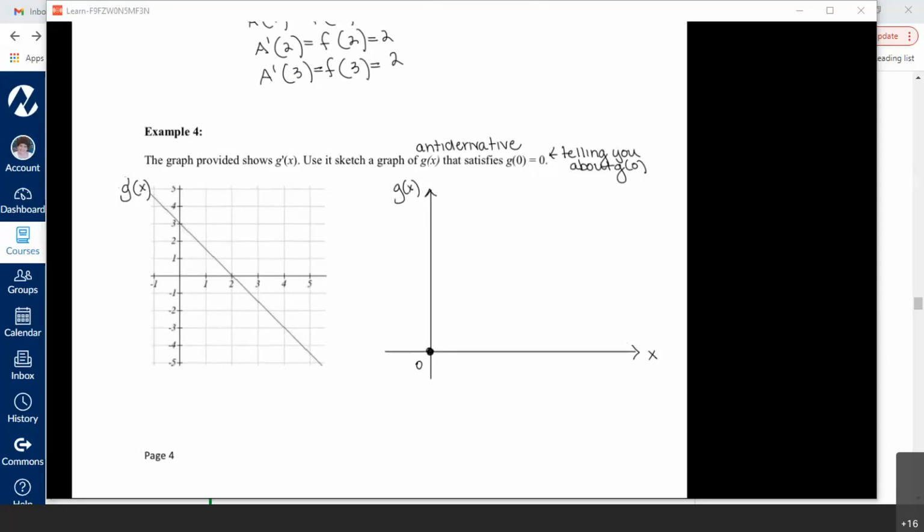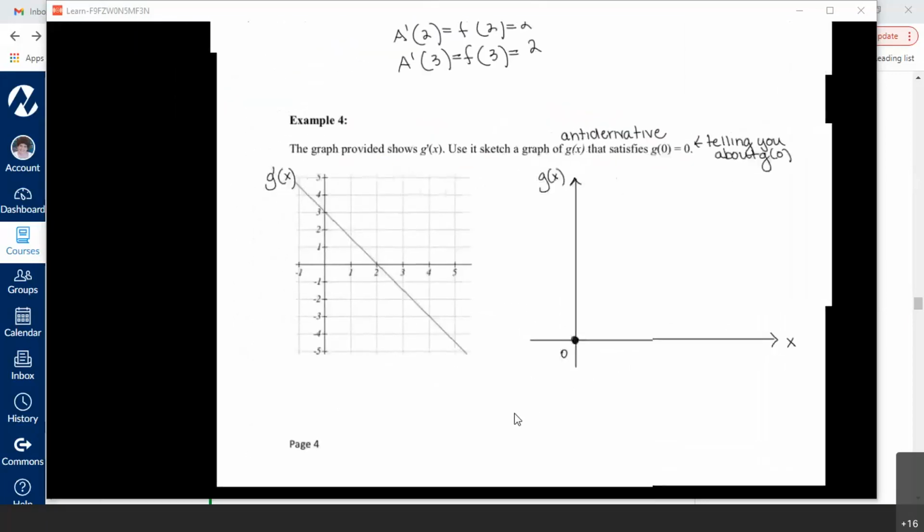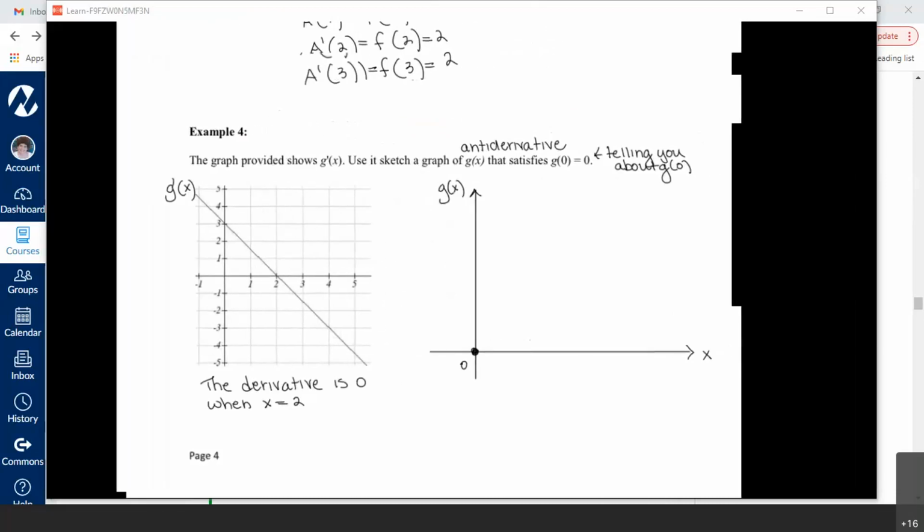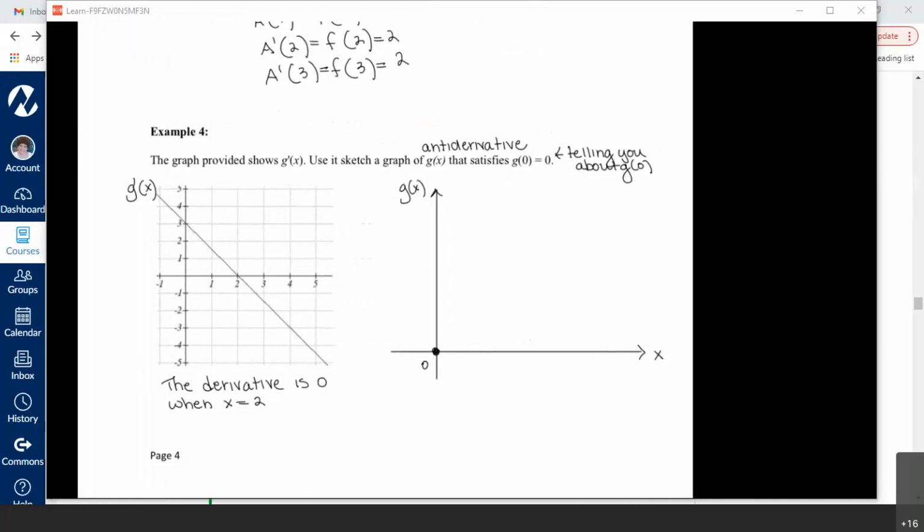If I look at this derivative graph, I notice that the derivative is 0 when x equals 2.